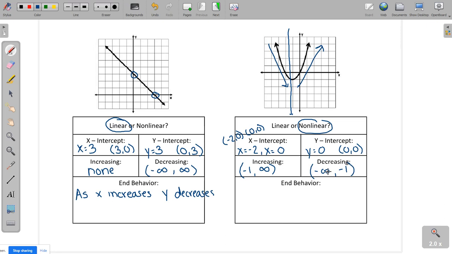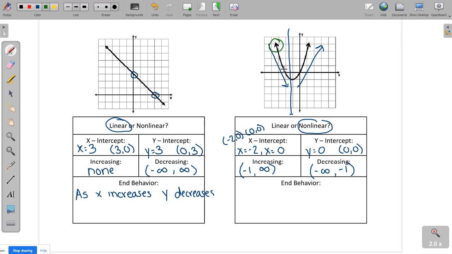Now let's describe the end behavior. So as x approaches negative infinity, so we're looking at this arrow right here.